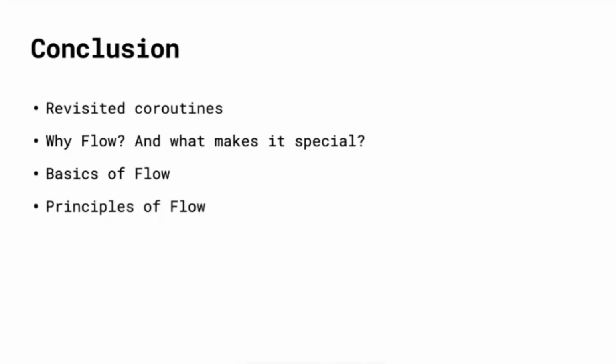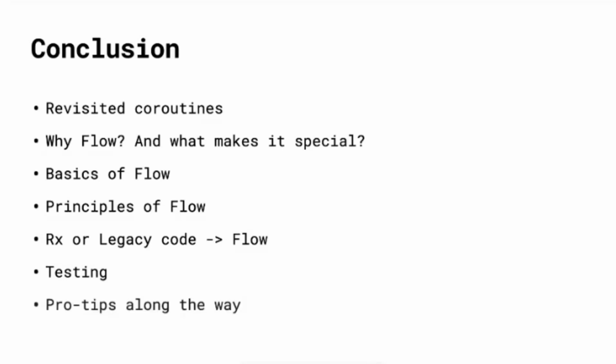We also saw the principles of Flow, that is context preservation and exception transparency, and how they make our lives easy. Then we saw how to convert RxJava or your legacy code to Flow or vice versa. We also saw how you would test your flows, and we also saw some pro tips along the way.